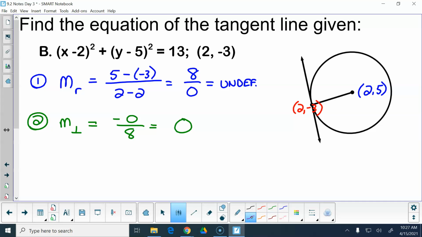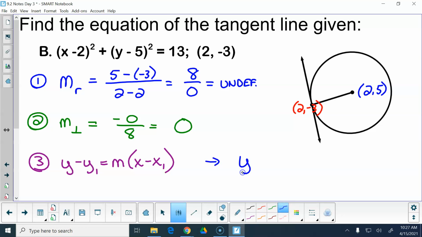Third step. So that's going to become y minus negative 3 equals 0 times x minus 2.